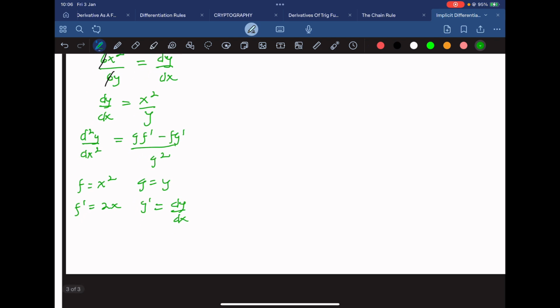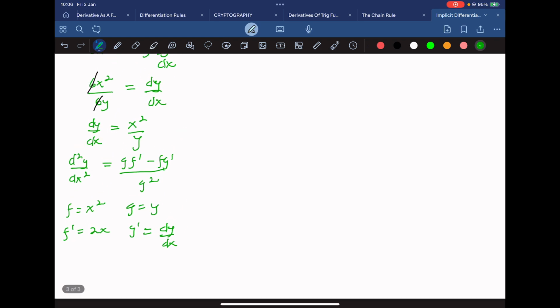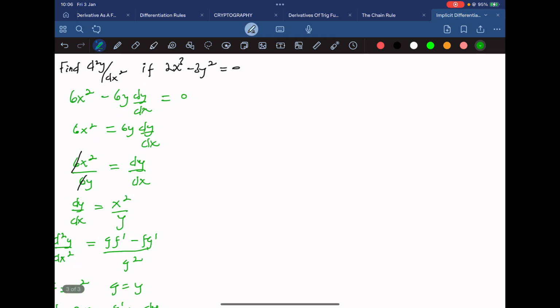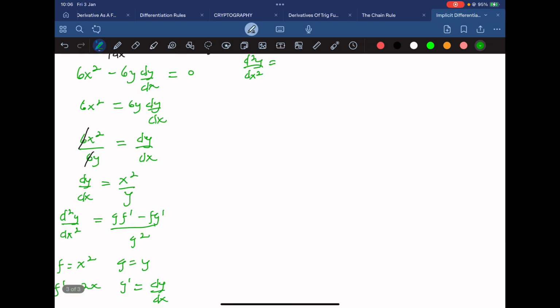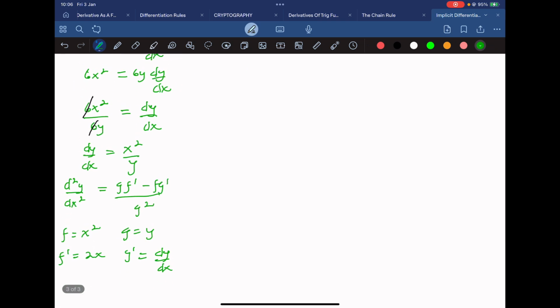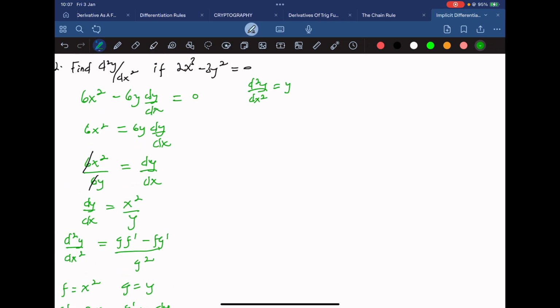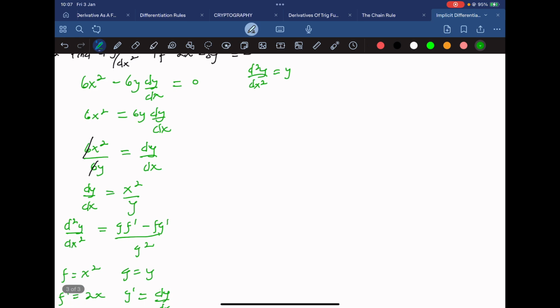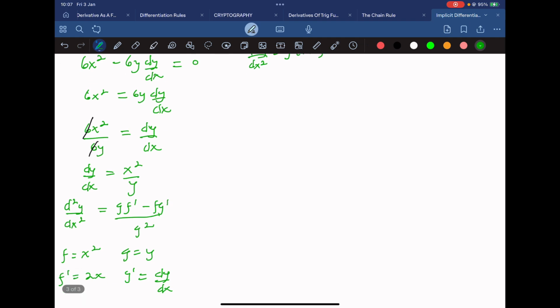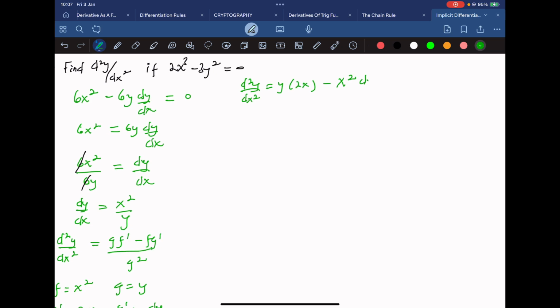So if we do our substitution, we are going to have, g is y, f prime we had 2x, minus our f, which is x squared. Now g prime, we had dy/dx, and g squared, so we have y squared.